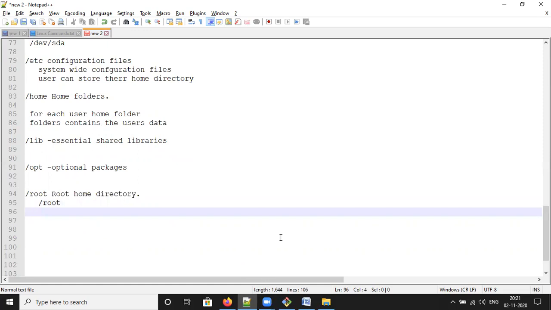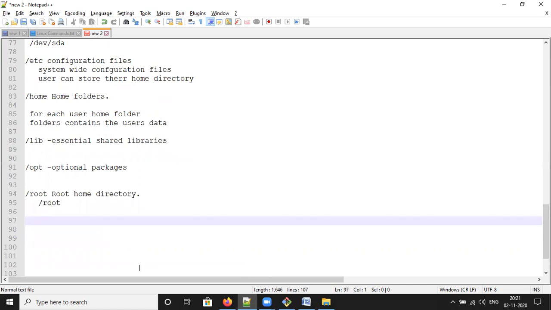And there are some others that are not too specific. Let me give an example: /boot, which contains the static boot files.